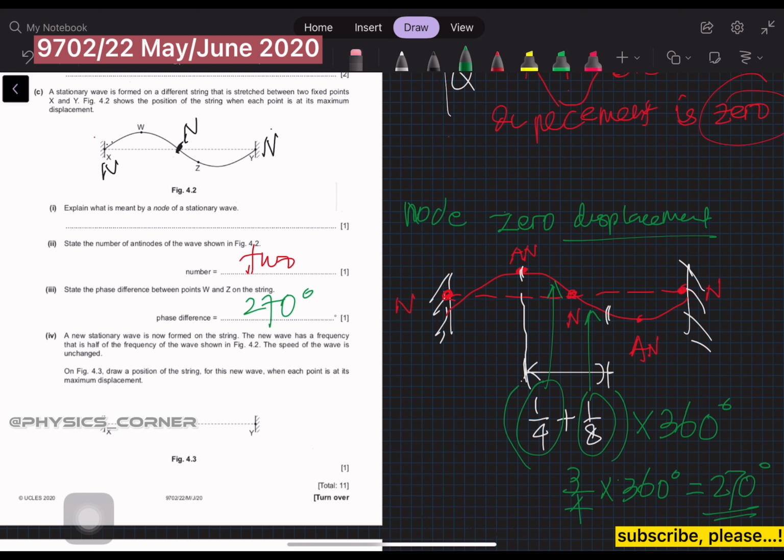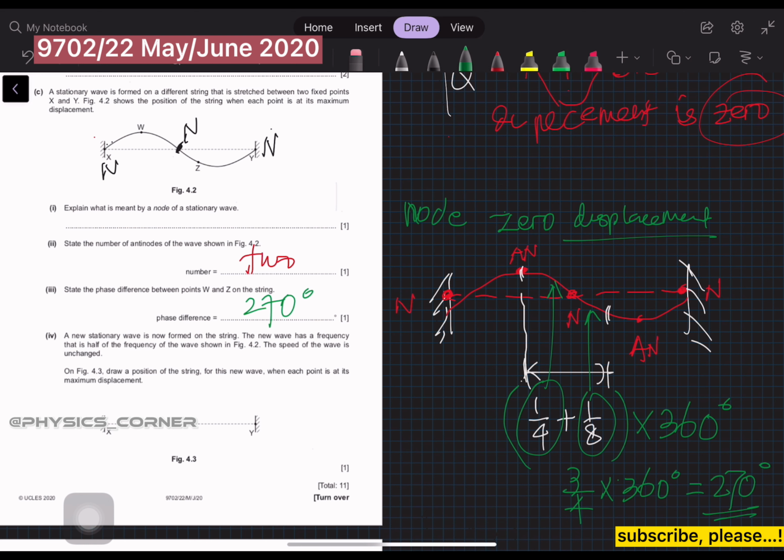One more question. A new stationary wave is now formed on the string. The new wave has a frequency that is half of the frequency of the wave shown in figure 4.2. The speed of the wave is unchanged. On figure 4.3, draw the position of the string for the new wave when its points are at maximum displacement.